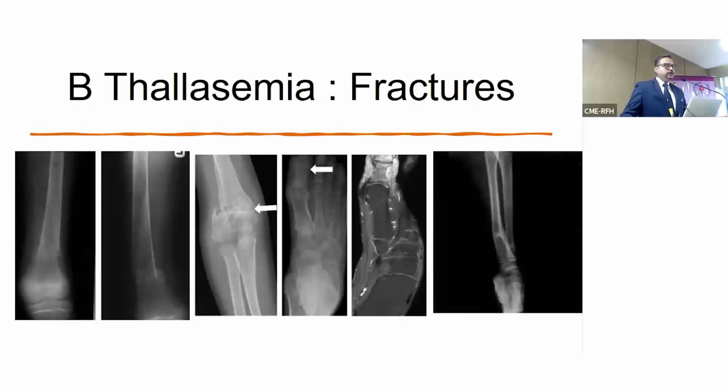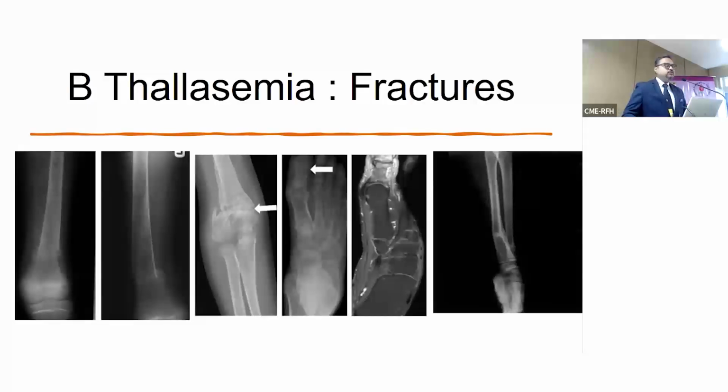So when children come to you with severe bone pain, with some amount of swelling, inability to move the extremity or the joint, you need to think of a possible pathological fracture if your X-ray is looking normal. You can either immobilize them empirically, but if you really want to investigate them, then MRI is the investigation of choice.